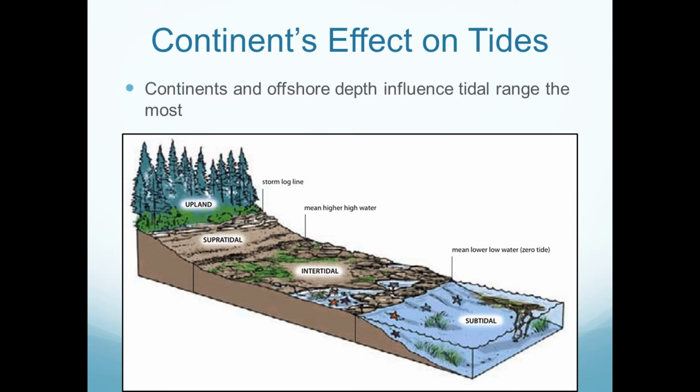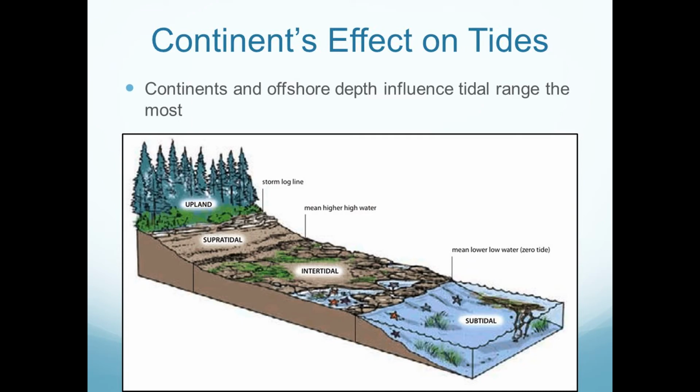Okay, so the continents also affect the tides, and the tides influence the biological structure on the coastal regions. So you can see in this image below, you have a distinctive upland where no tidal influence affects that line. But if you were to have a really large storm, you can see that storm log line is where it will get up to at the highest point.